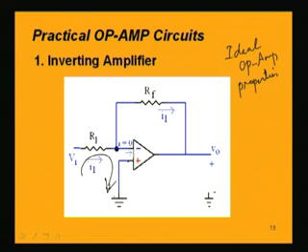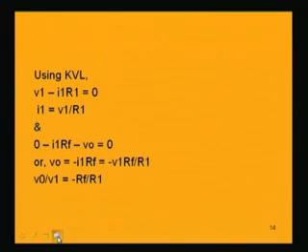Another loop starts from, say, the ground, we can go like this in the ground and we can go like this and complete the loop. That means, we can start our travel from the ground, then it will be minus I1 into RF and then minus V0 equal to 0.